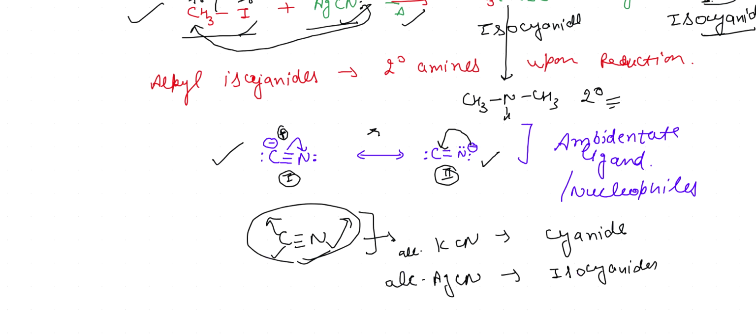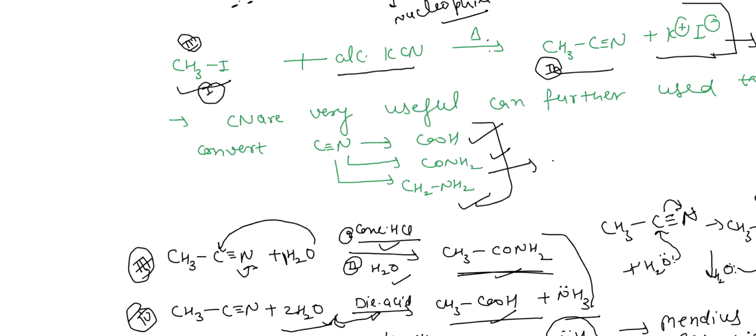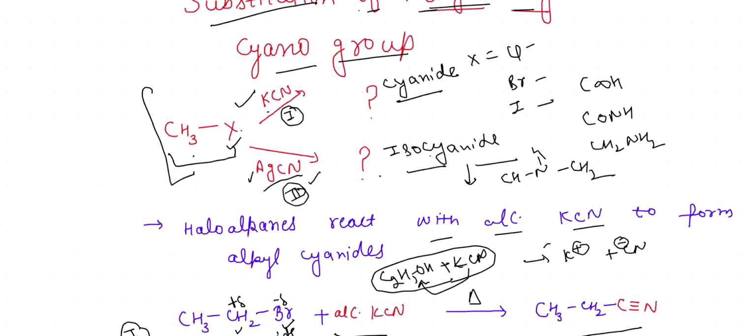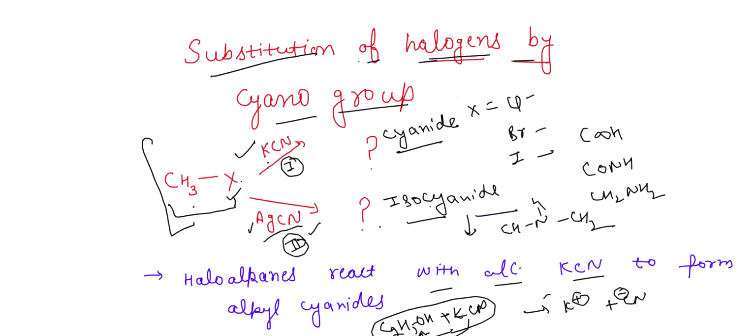It is due to, in the first case, the ionic nature of the KCN compound, and in the second, AgCN is covalent in nature. So this is the basic difference between these two reagents, which led to formation of two different products.